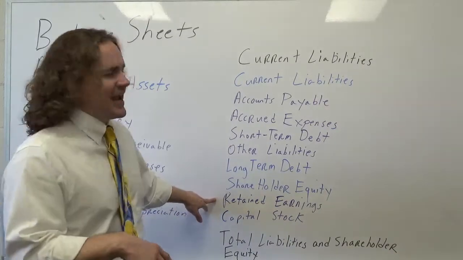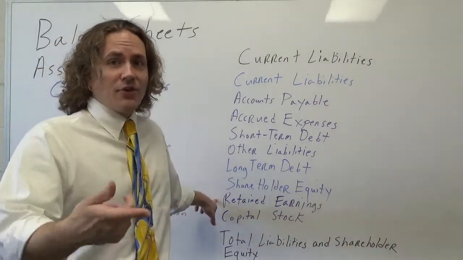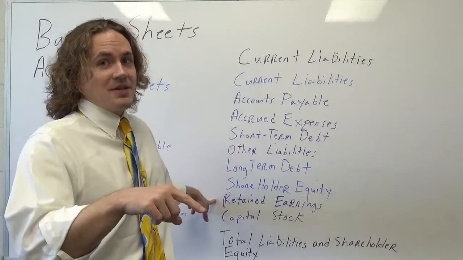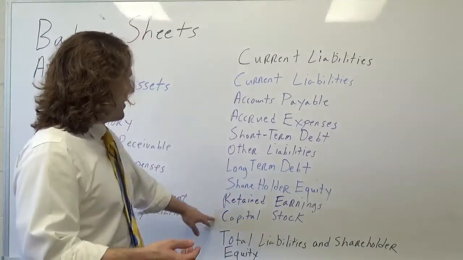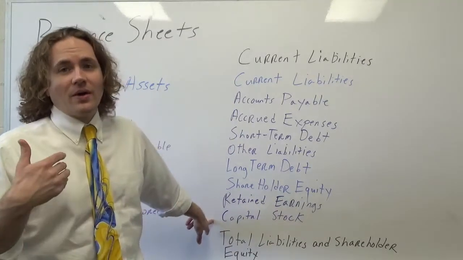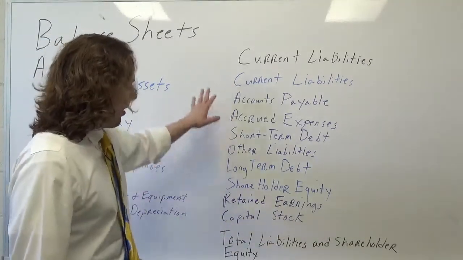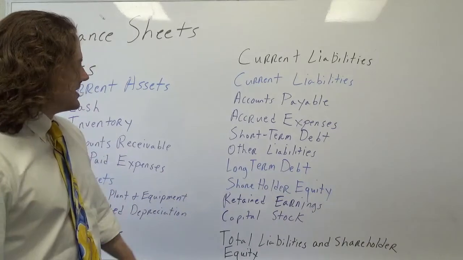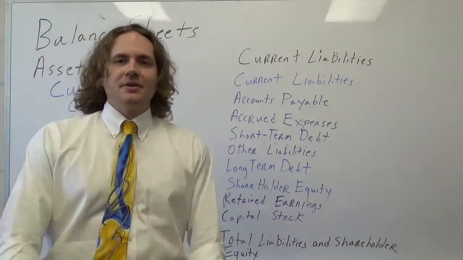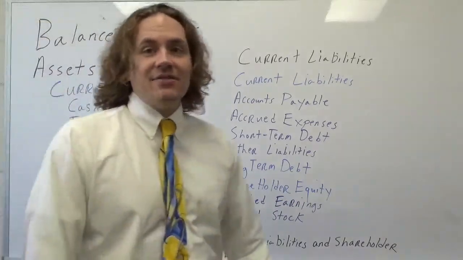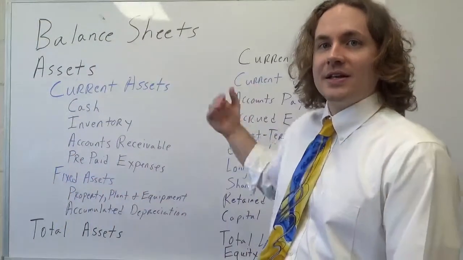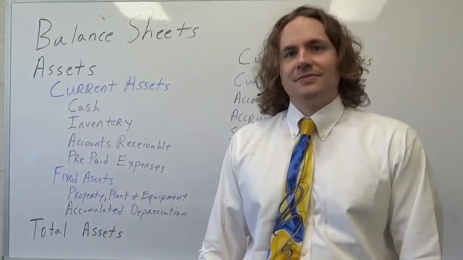You've also got retained earnings. That's profit that's left over that's going to be reinvested into the business and not distributed to owners in the form of a dividend. And then, of course, you've got your capital stock. You add all of these things together, and that is your total liabilities and shareholder equity, and these two things need to even out. This is why we call it the balance sheet.